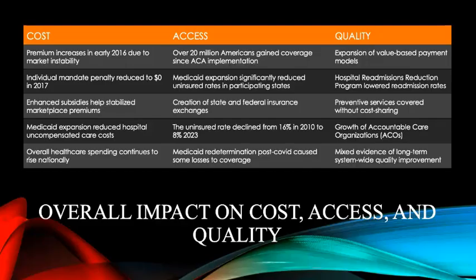Quality improved through expanded preventative services, value-based payment models, and reduced hospital readmissions, although long-term system-wide improvements remained mixed. And at the same time, overall healthcare spending continues to rise nationally.